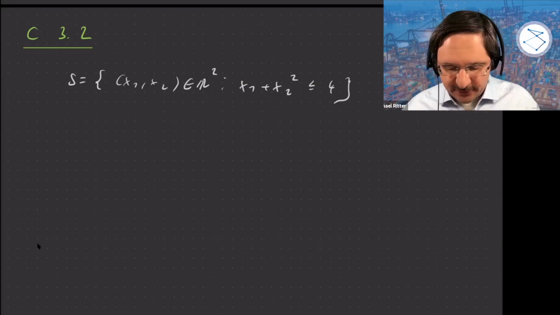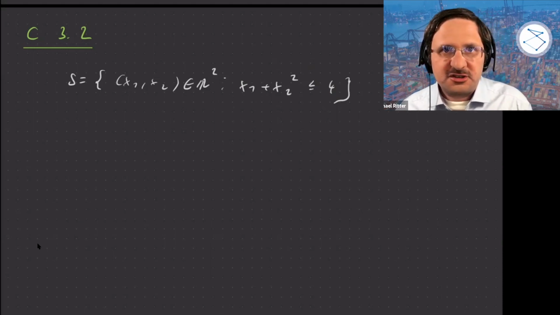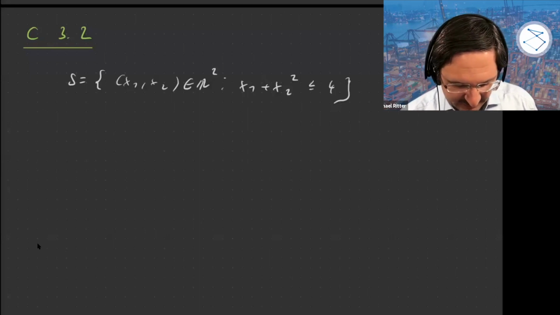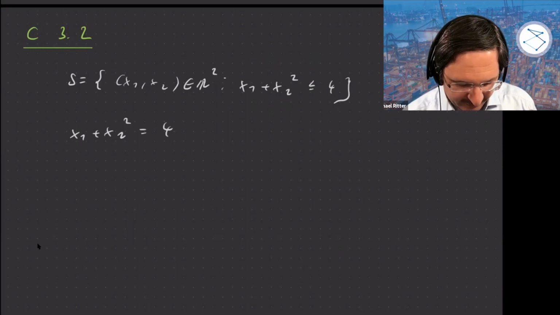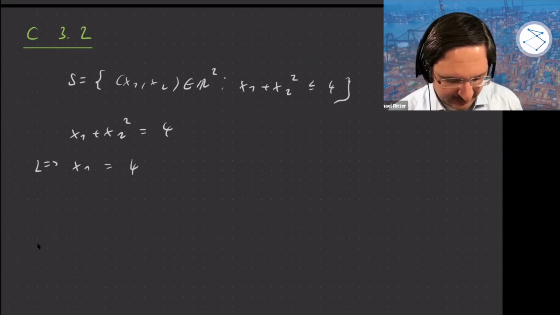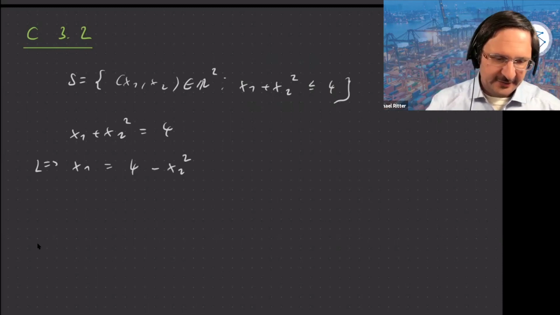It should be easy to solve this for x1, because x1 does just appear as it is, right? Without any function applied to it. So x1 plus x2 squared equals 4 if and only if x1 equals 4 minus x2 squared.